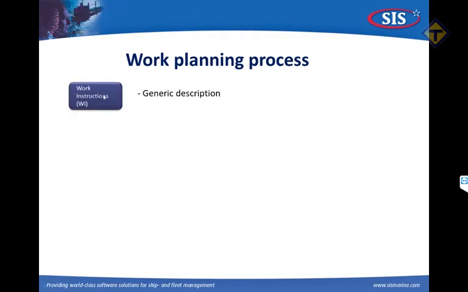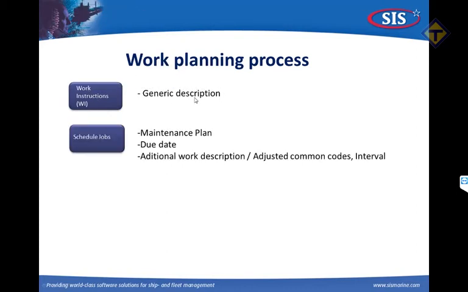As I explained before, instructions are only a generic description. The only difference between the work instruction and the scheduled job is that the scheduled job is the maintenance plan itself, has a due date, and you can add additional description and use the common codes and intervals and so on.